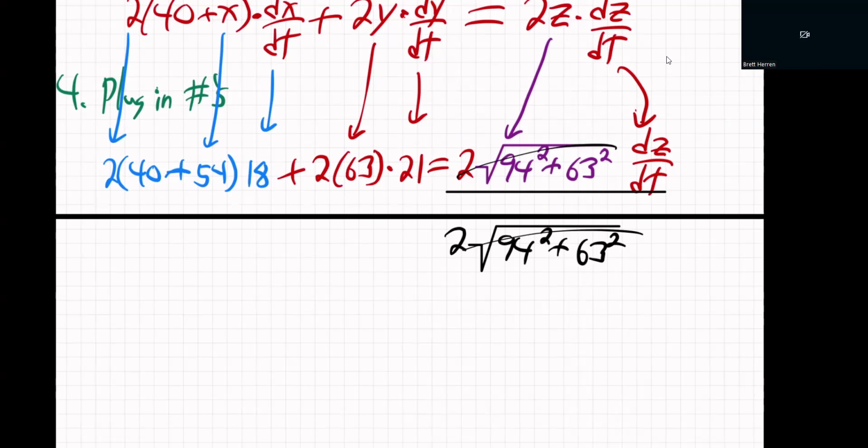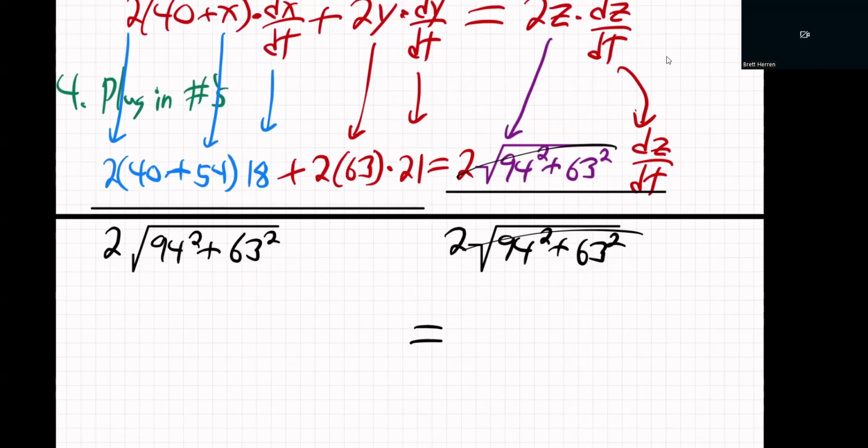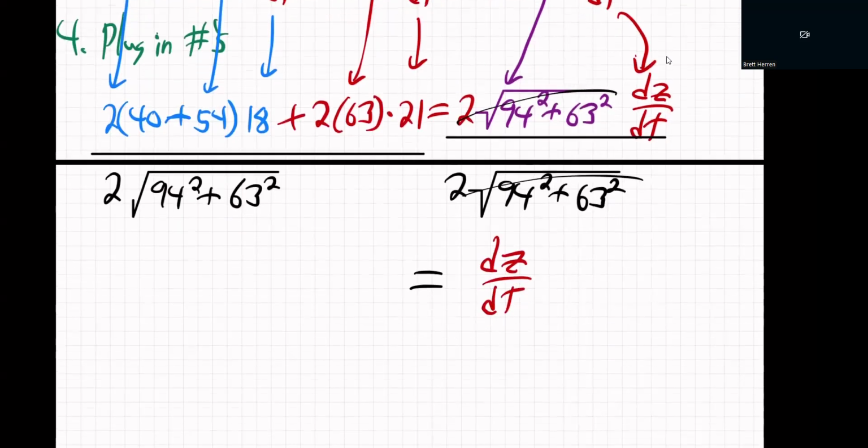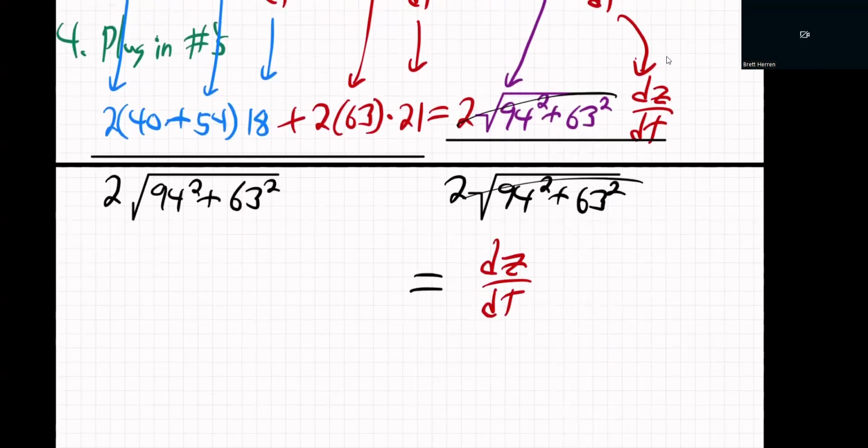You got no choice, but do the same thing. It's been a lot of steps. So dz dt. I'm going to type all that in.